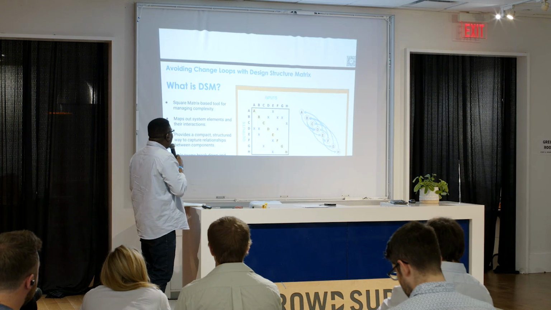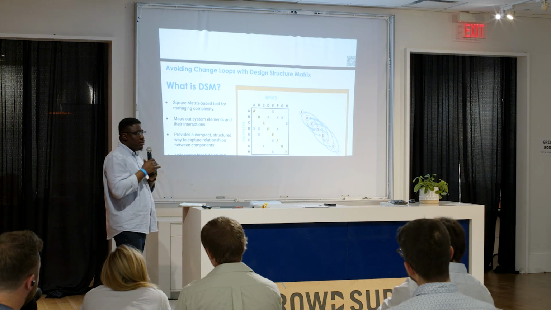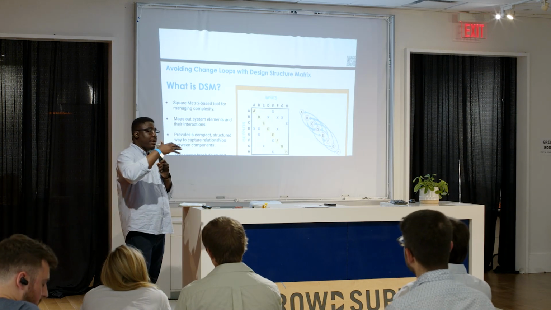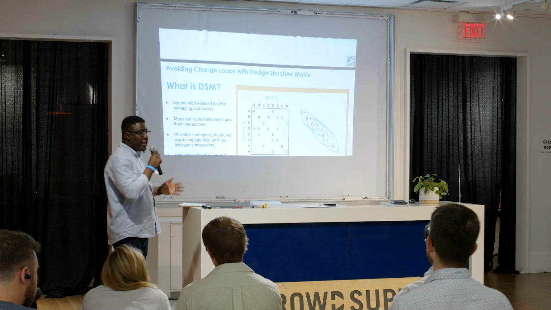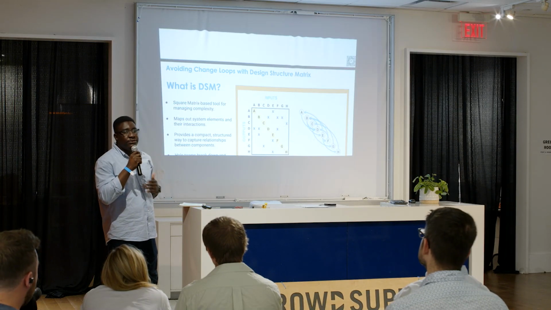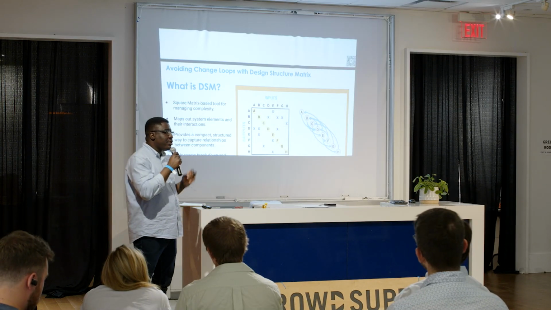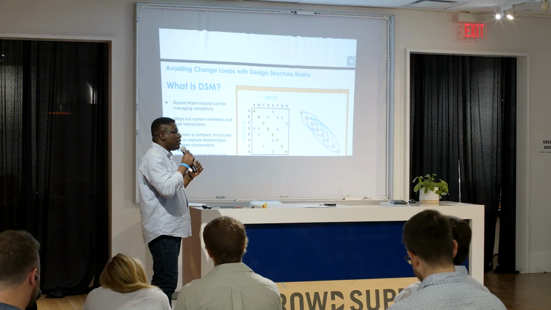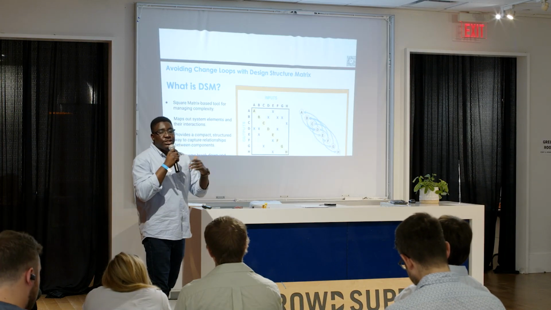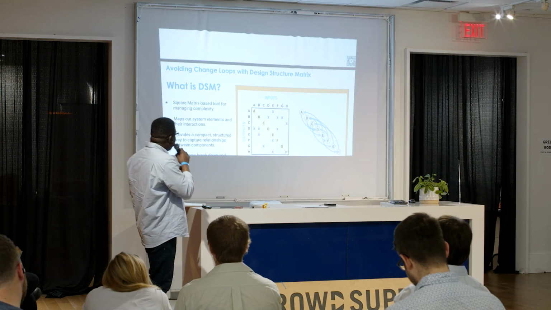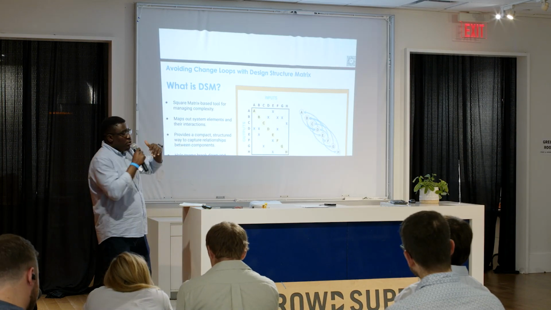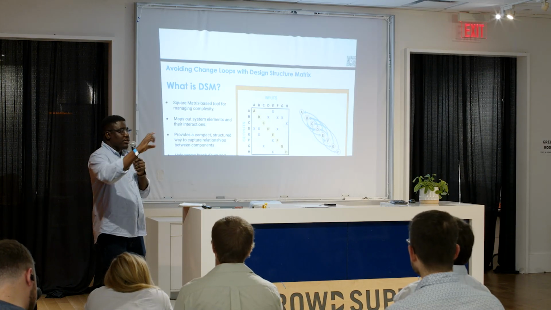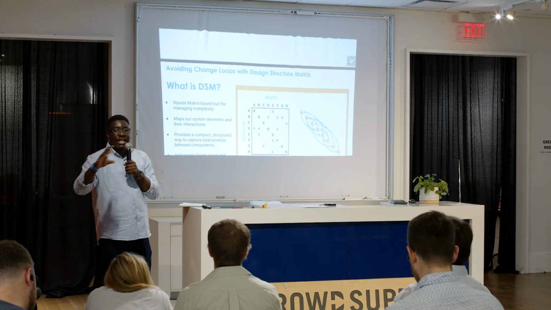So essentially, DSM allows you to put together a list. It's an n-by-n matrix, based on the number of elements: the tasks, the features, the activities, everything you need to do in your design process. It allows you to map out the dependencies between each of those tasks.